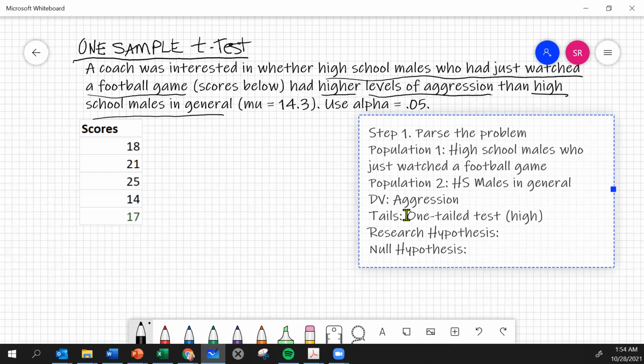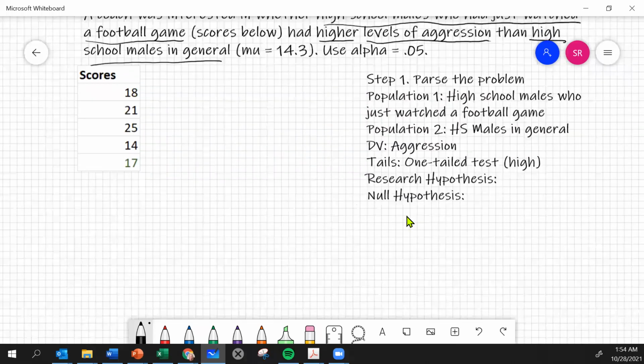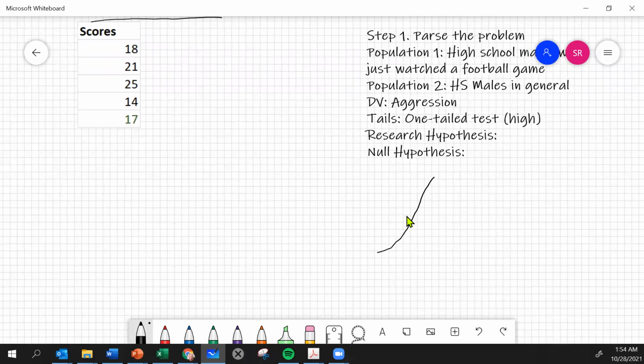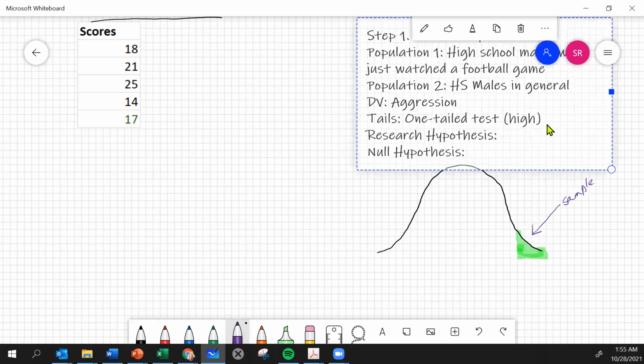And of course, that means that the researcher is expecting that the sample will have scores lying only in this tail of the distribution, that their aggression will be higher than the population in general. So we're looking for a sample standardized score or t-score that will fall in this range. We're looking for the sample to be in the shaded area. And if that happens, that means that we will have a significant difference in these two groups.